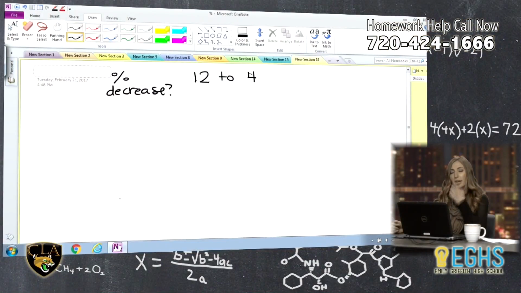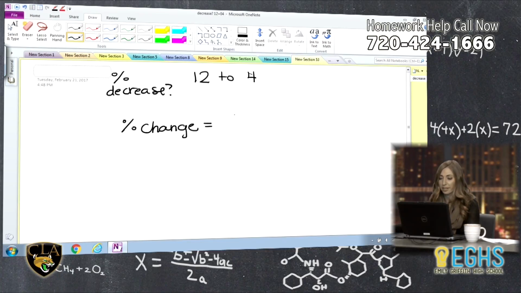So anytime you're finding a percent change, I'll maybe give a formula to start with, and then I'll talk about why it is what it is. You're finding a percentage from the actual change out of its original value.